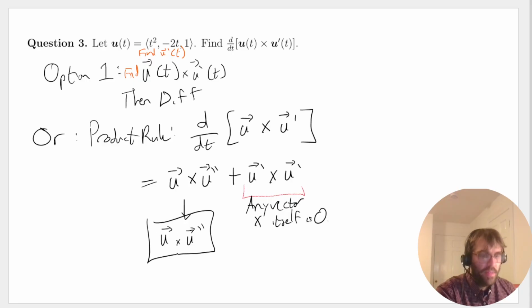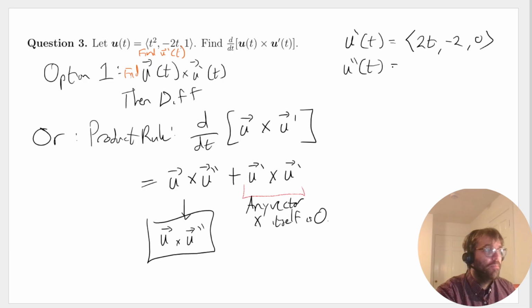So we can compute that instead, and it's possible that that will be faster, especially when you realize that u prime of t is 2t, negative 2, 0, but u double prime of t is just 2, 0, 0, which I'm going to write as 2i.